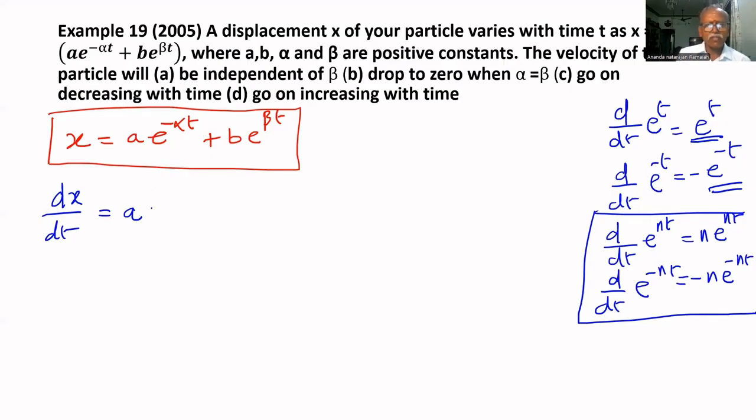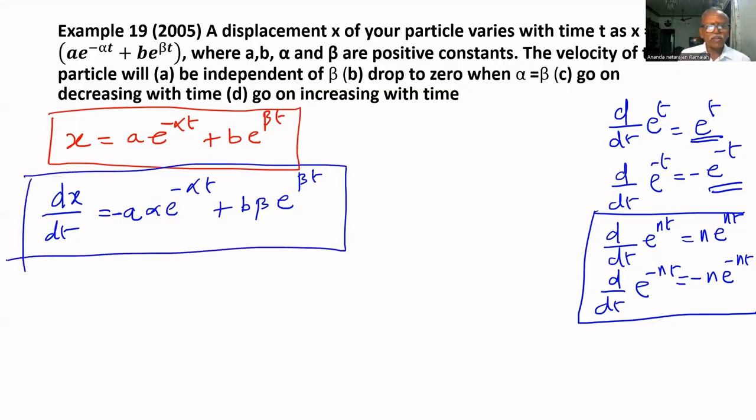So you will get minus alpha a e power minus alpha t, plus b beta e power beta t. So this is the velocity. Now, the first answer says independent of beta. No, velocity consists of beta. Therefore, A is not the answer.